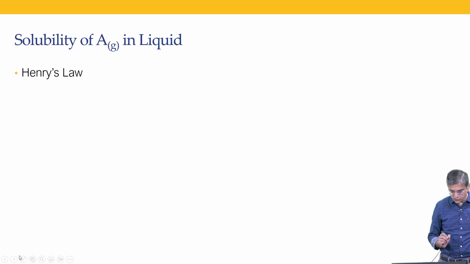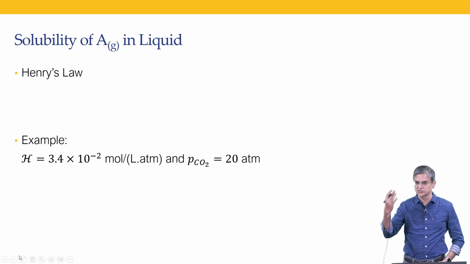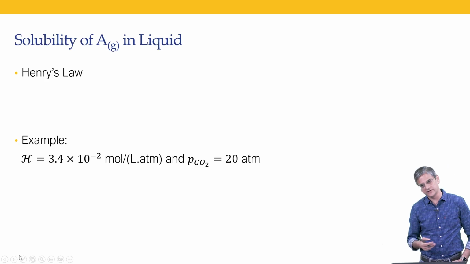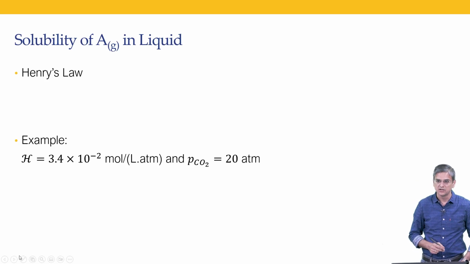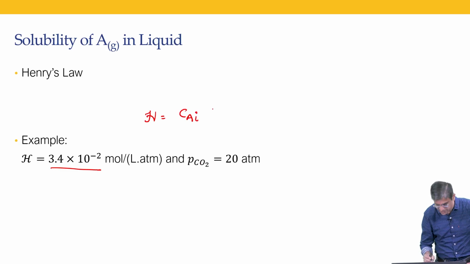Okay, so Henry's law basically talks about the solubility. The Henry's constant H, in some cases, is defined as concentration in the liquid divided by partial pressure in the gas. In some cases it is defined as partial pressure in the gas divided by concentration in the liquid. So in this particular case, this H is defined in terms of CAI, that is moles per liter, divided by PAI.